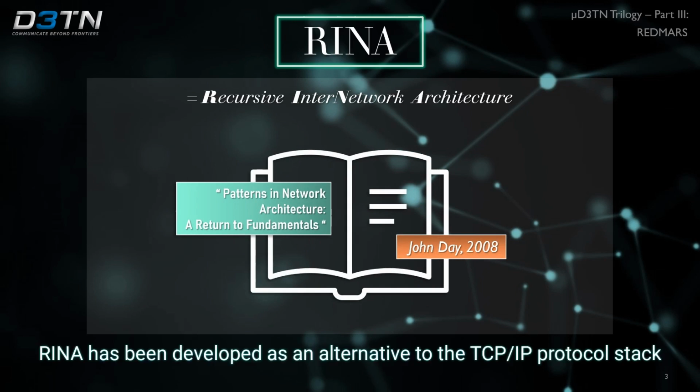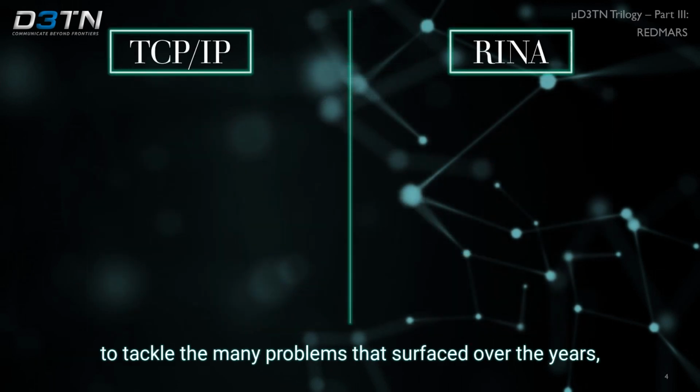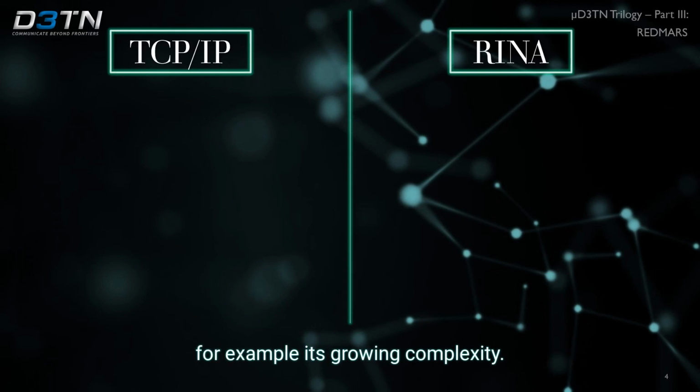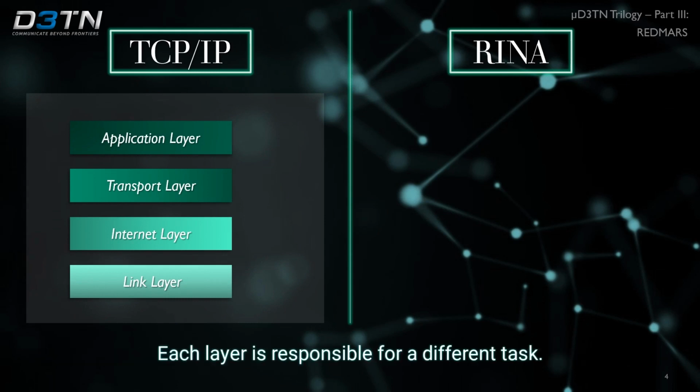RINA has been developed as an alternative to the TCP/IP protocol stack to tackle the many problems that surfaced over the years, for example, its growing complexity. As you can see in the diagram below, the Internet Protocol stack organizes its protocols in 4 different layers. Each layer is responsible for a different task.